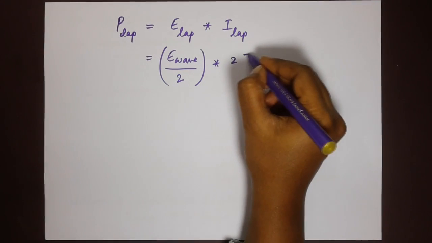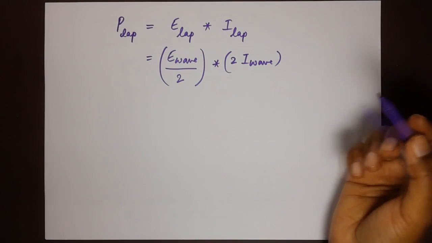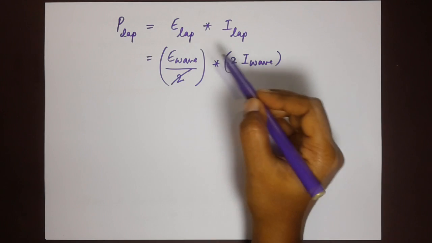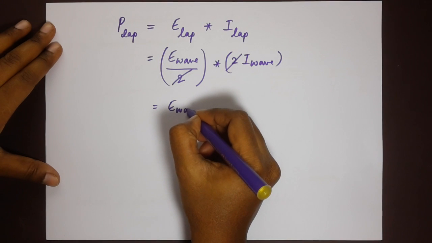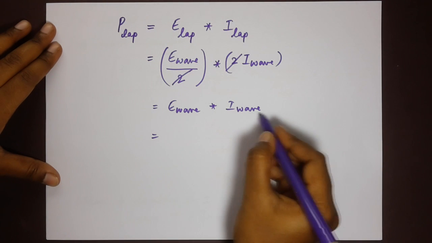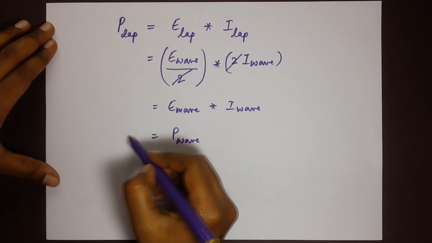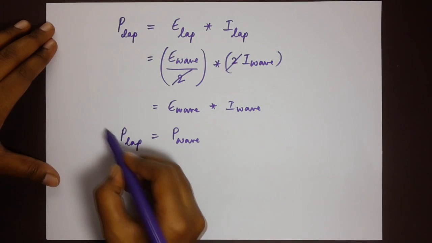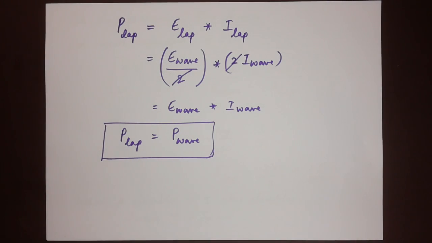We just saw that, 2 times I wave. Because the parallel paths double, the current will also double. Now, 2 and 2 cancel out, and this gives us E wave into I wave. Now, E wave into I wave is P wave, the power of wave winding. So we see that the power of lap winding is equal to the power of wave winding. So the power doesn't change, it remains the same.